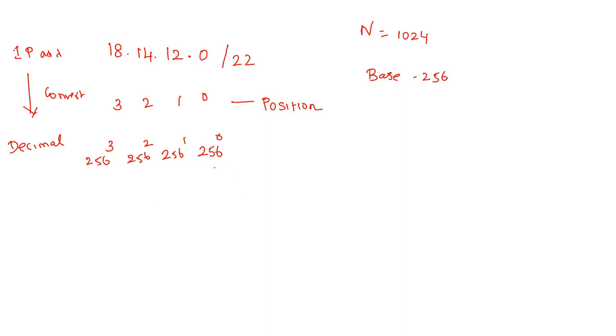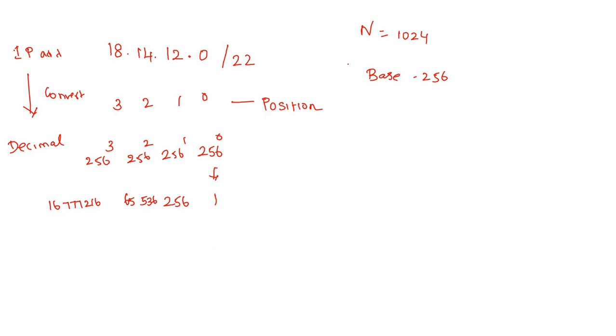Anything power 0 is 1, 256 power 1 is 256, 256 power 2 is 65,536, and 256 power 3 is 16,777,216.